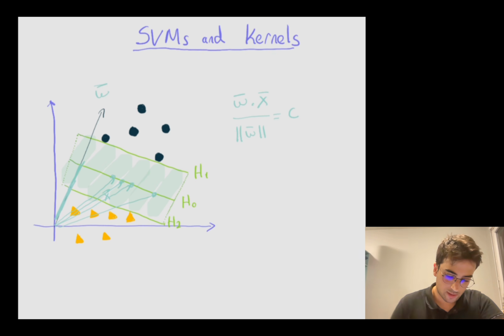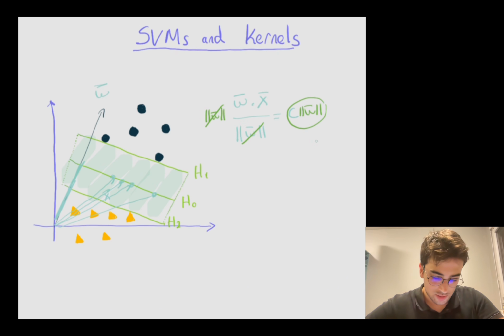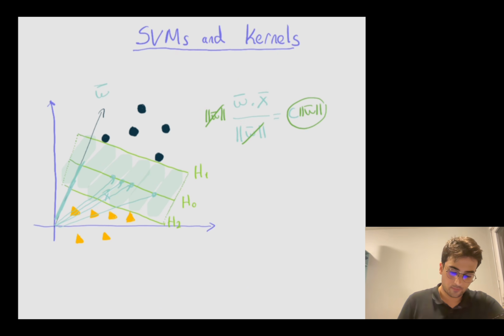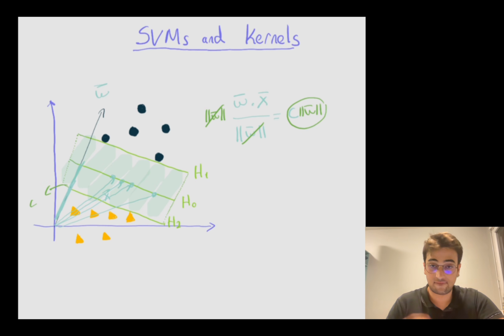Okay, let me show you with another color. If we multiply both of the parts with the W magnitude, right, and this goes away, this value over here is actually just a scalar value, right? Why? Because C, which we called it here, C is a scalar value, let's say like 5, 10, something like that.